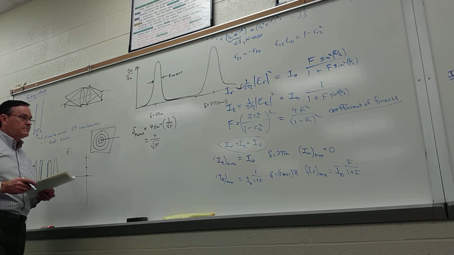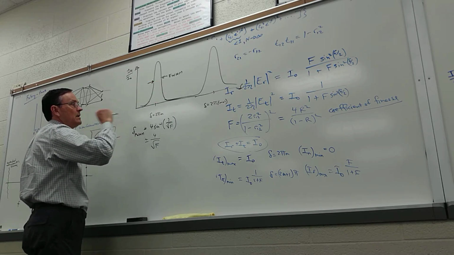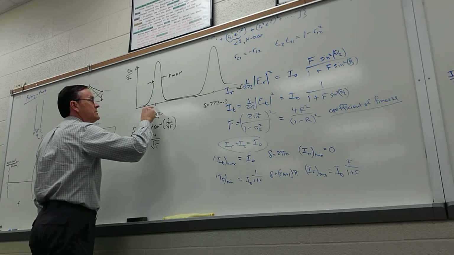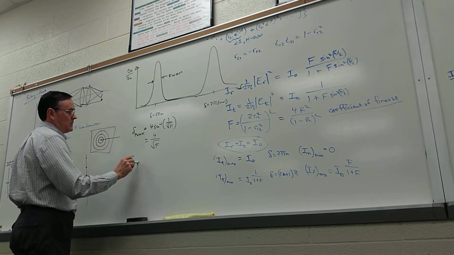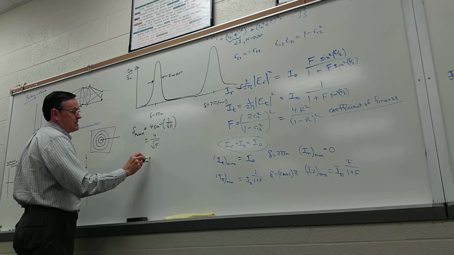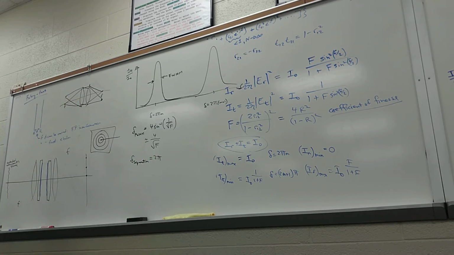Then the separation between fringes is just 2 pi in units of delta.